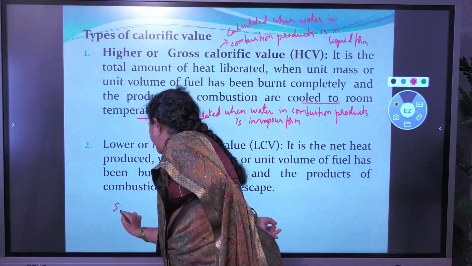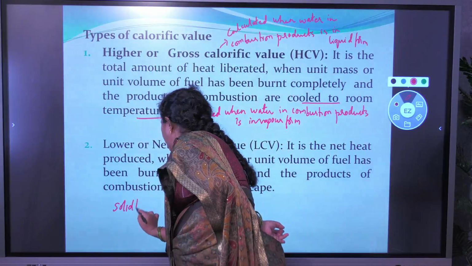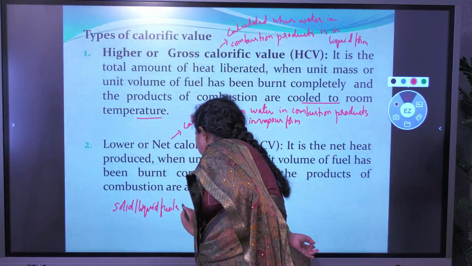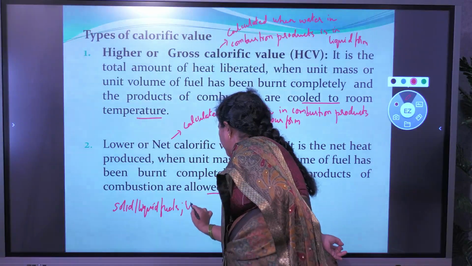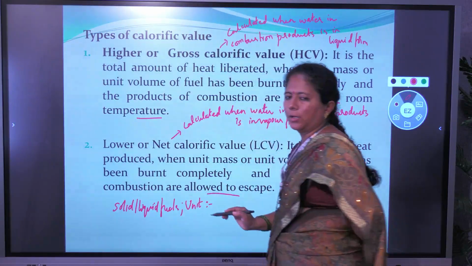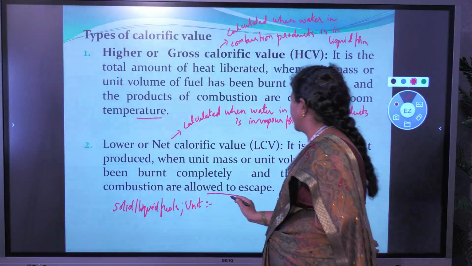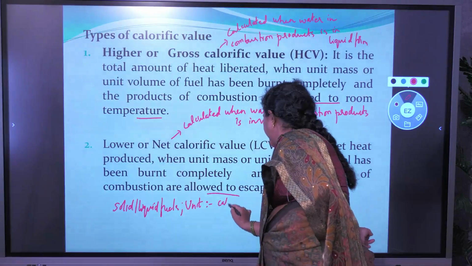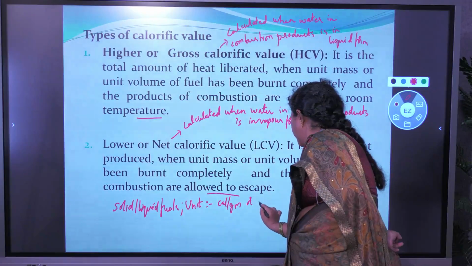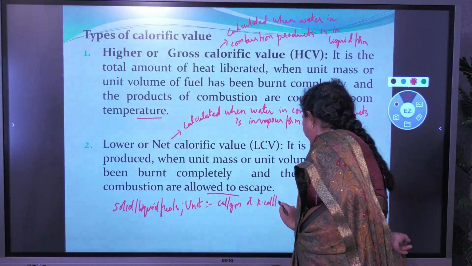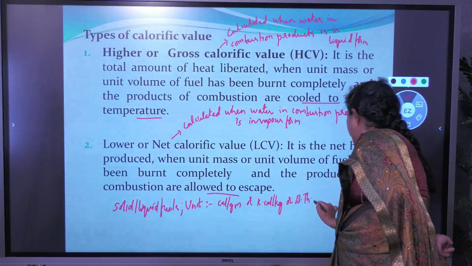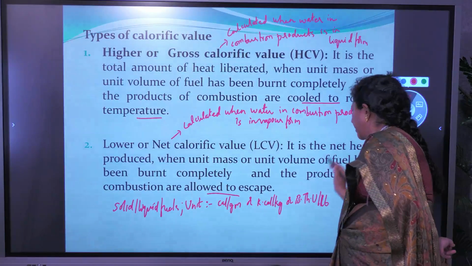So coming to solid or liquid fuels. For solid and liquid fuels, the calorific value units will be calorie per gram or kilocalorie per kilogram or British thermal unit per pound.